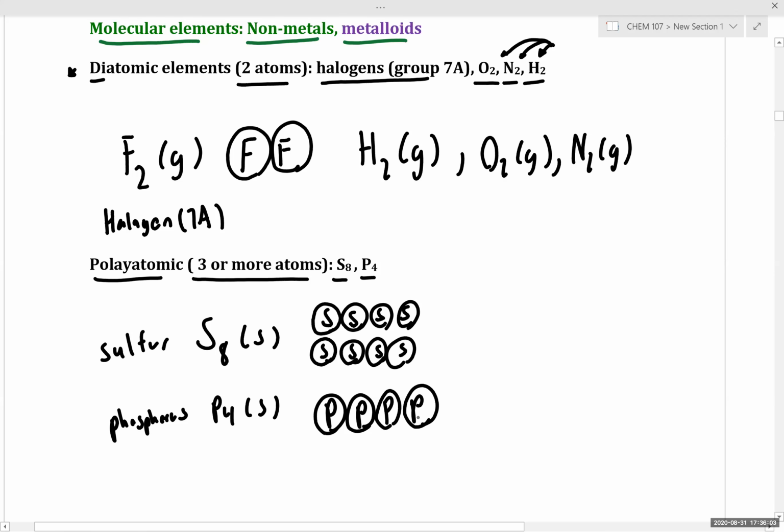So you should be familiar with the formulas of each of the common atomic, diatomic, and polyatomic elements, because you need to know how to effectively write chemical formulas in order to begin to write out and balance chemical equations.